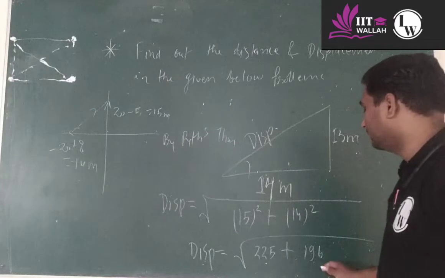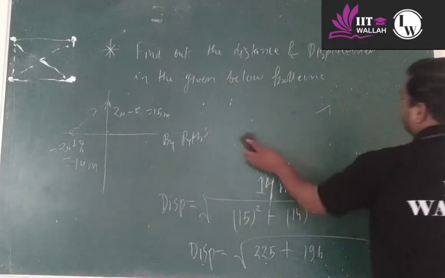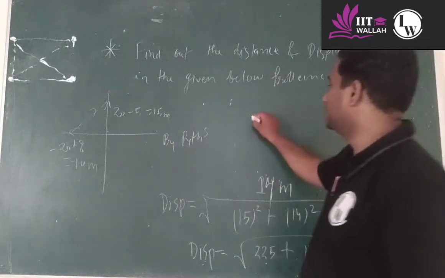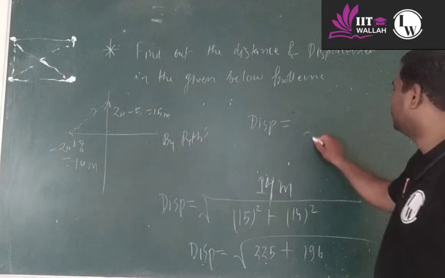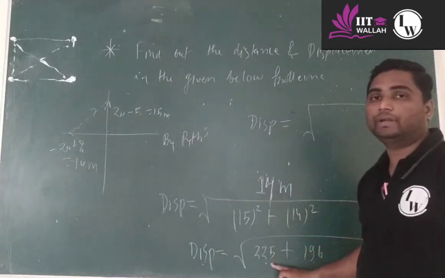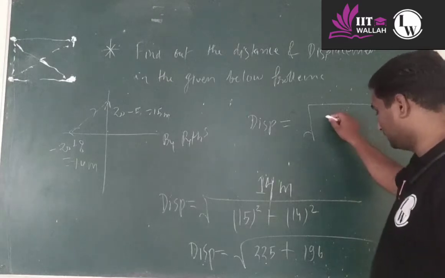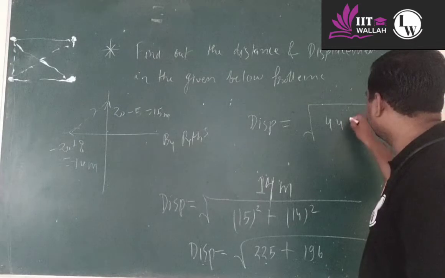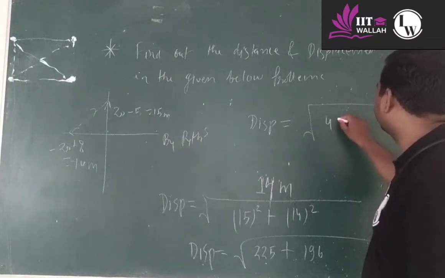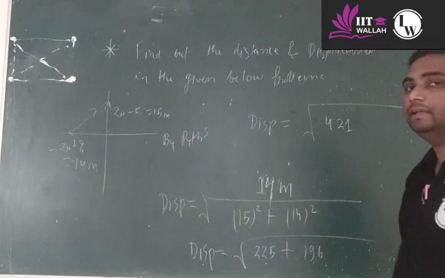196. Okay, now add them up. Displacement is equal to under root of 225 plus 196, which is 421.